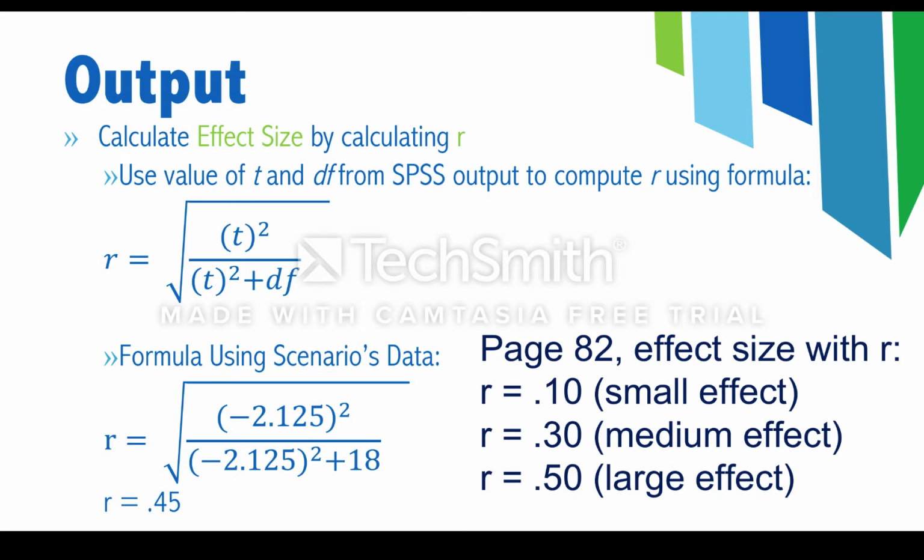The next thing to do is to report your effect size. APA recommends reporting the effect size, so it's just a habit worth getting into. Many journals, like the Journal of Agricultural Education, the Journal of Applied Communication, and the Journal of Agricultural and Extension Education, require you to report your effect size.